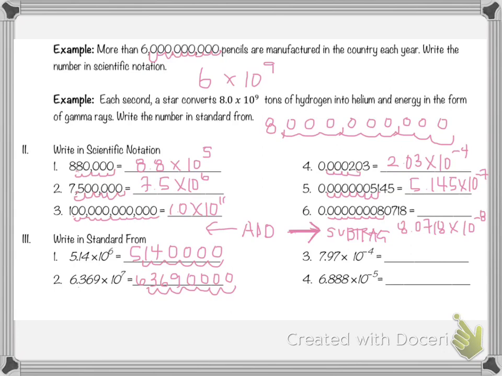So to get rid of these exponents, I would need to add an exponent of a positive 4. So when you add exponents, you're going to be moving to the left. Okay? So this is a very small number. So 1, 2, 3, 4, because you want an exponent of 0.